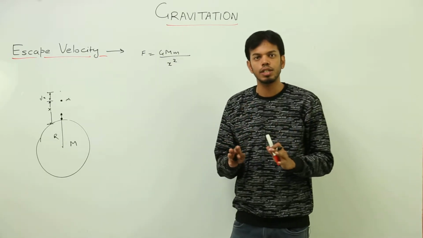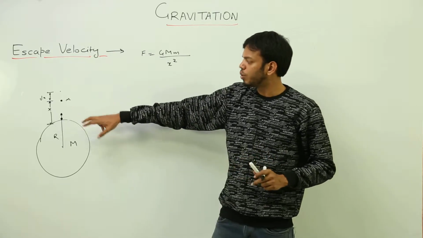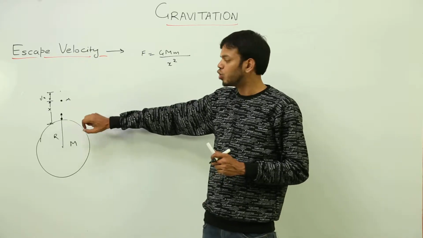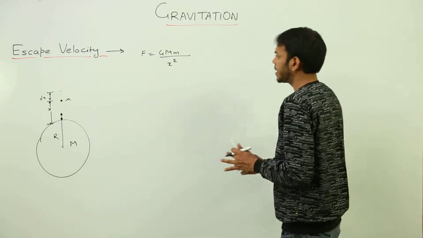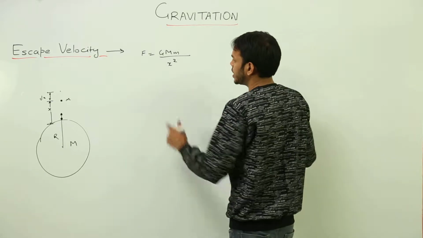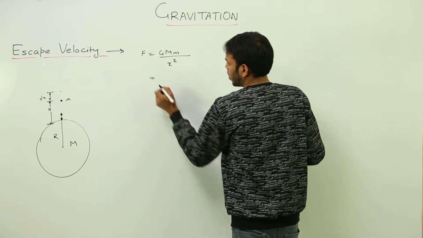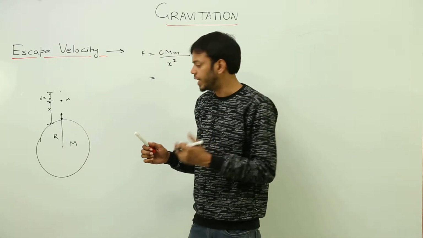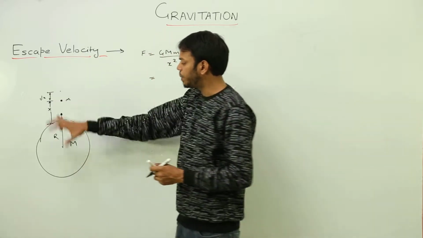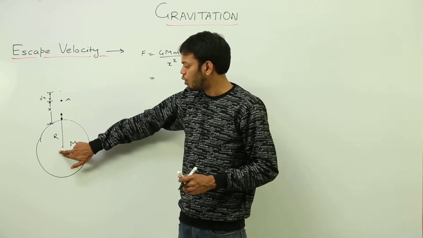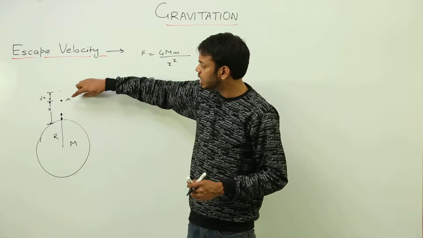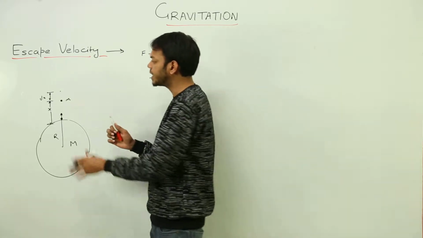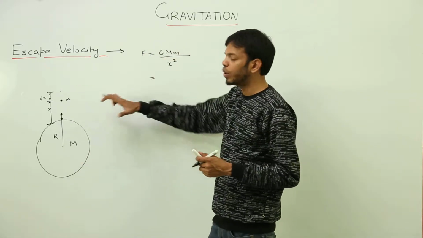For large distances we ignore the value of the radius, but right now we have to take it into account, because x and r are still comparable. So this is the force acting on the body, GMm upon x square. If you are thinking that the mass is concentrated at the center, the center of mass, and the distance between mass m and capital M would be r plus x, no, we will not do that, because we have to do it from the surface of Earth.